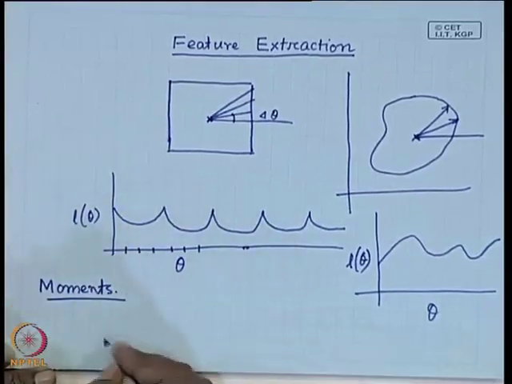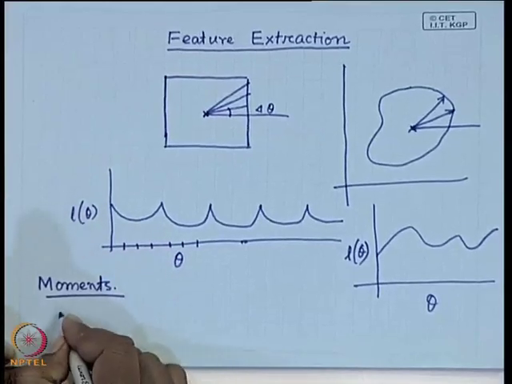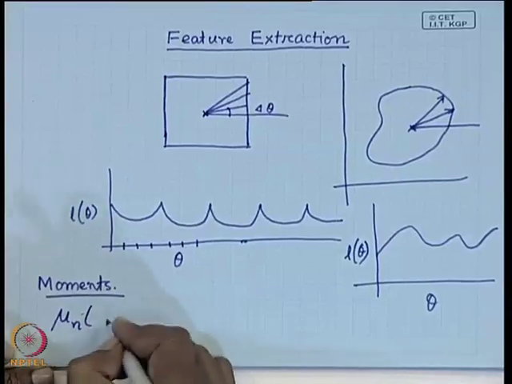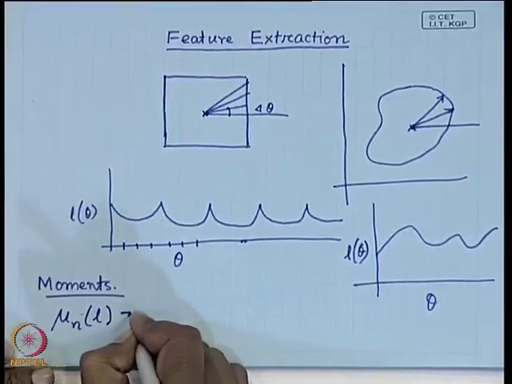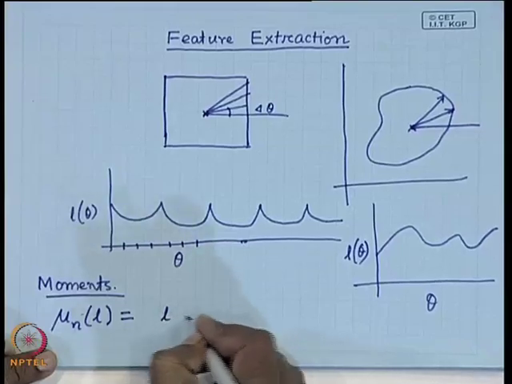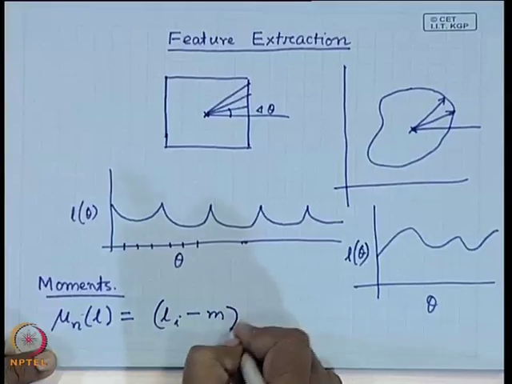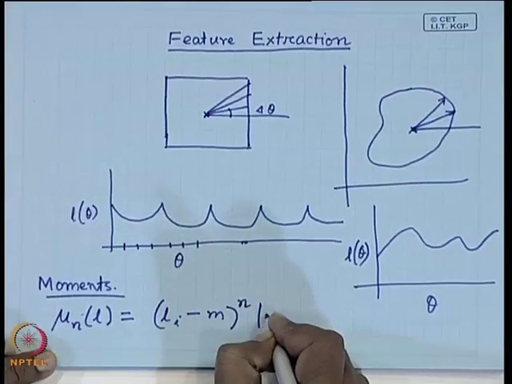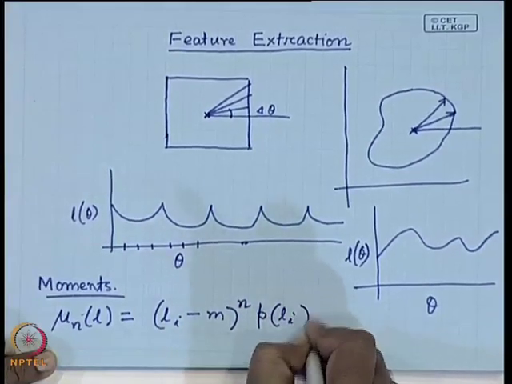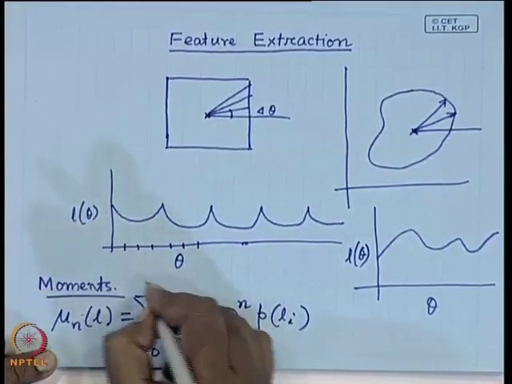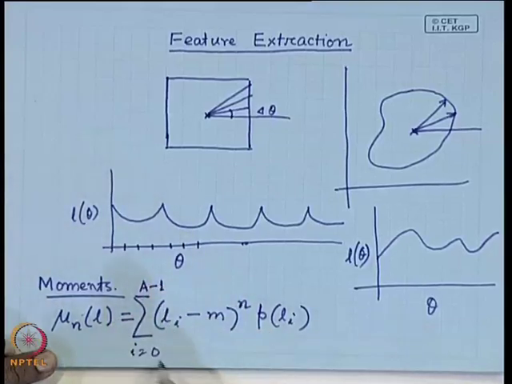So, a moment of order, say, n, is given by mu n of L, that will be nothing but the summation of L I minus m to the power n into p of L I, for I varying from 0 to, say, capital A minus 1, where capital A is the number of samples that I have within this pattern.